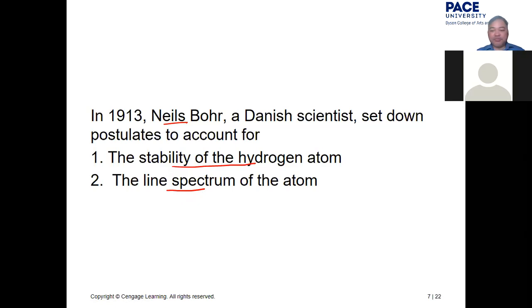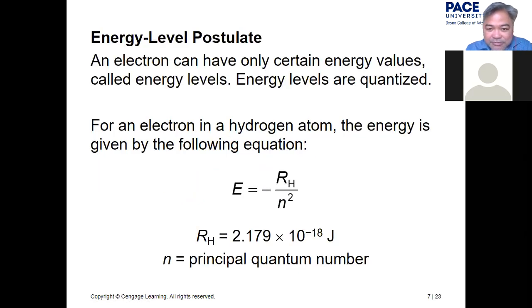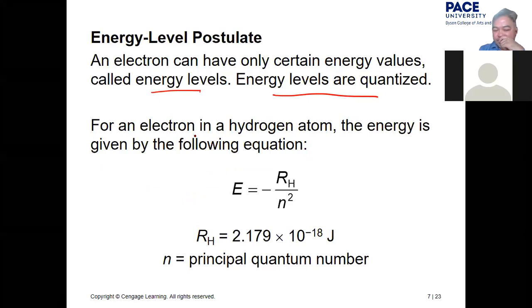Okay, so Niels Bohr proposed how an atom can be stable, and he tried to explain also the line spectrum of the atom. And just like what others do, he used the concept that the energy levels are quantized. So he said an electron can only have certain energy values called energy levels.